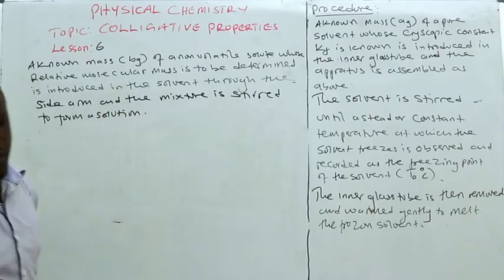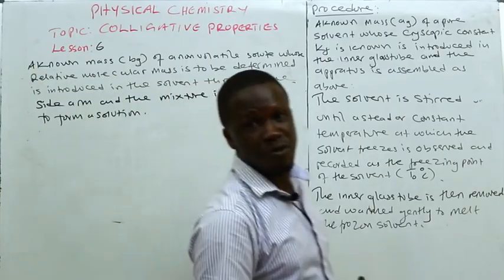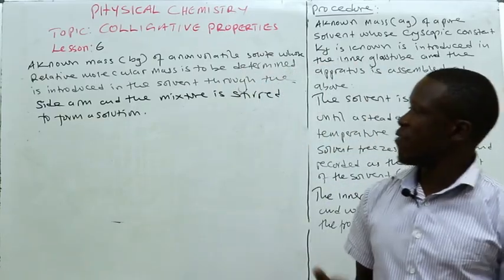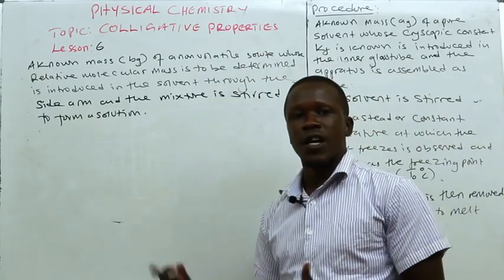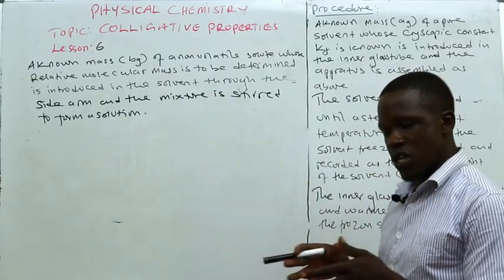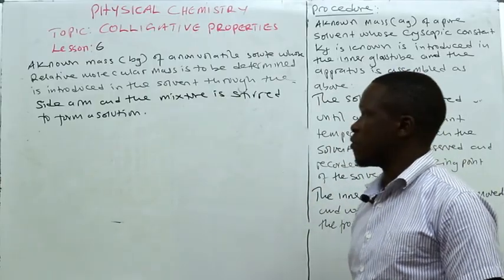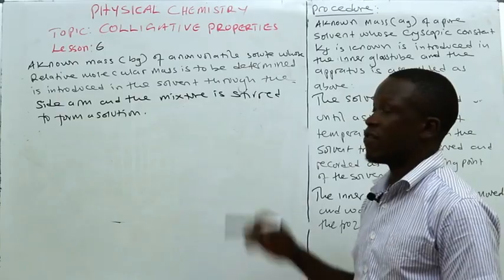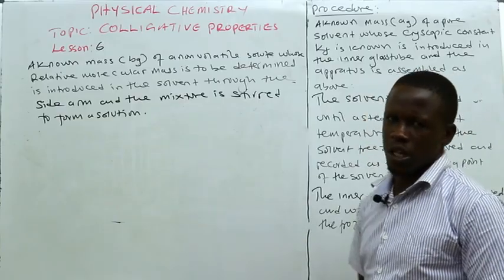Full stop. So now we no longer have a solvent, now we have a solution. We have introduced the non-volatile solute through the side arm into the solvent, and after stirring we now have a solution. So what are we going to do with the solution?